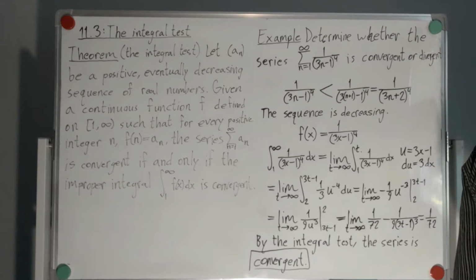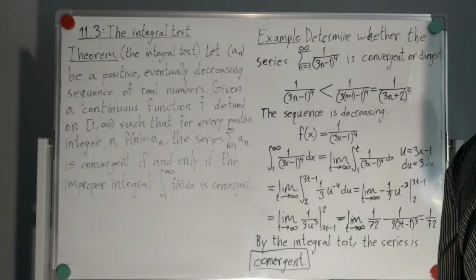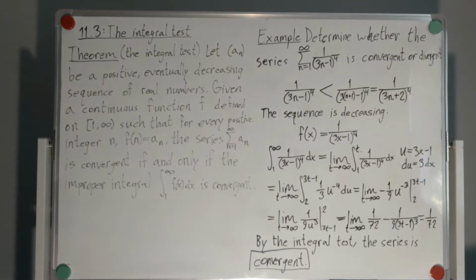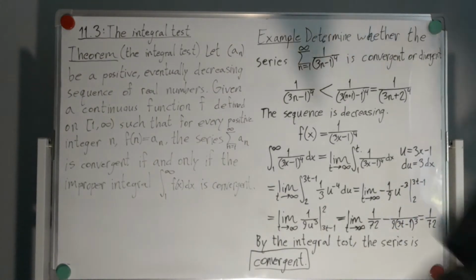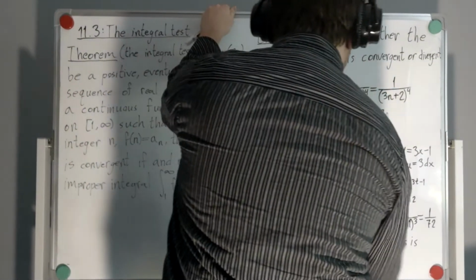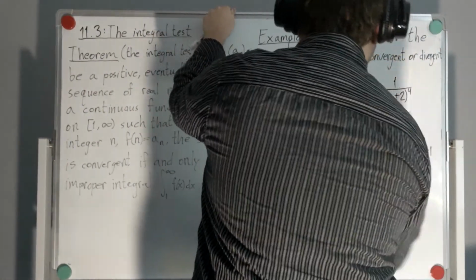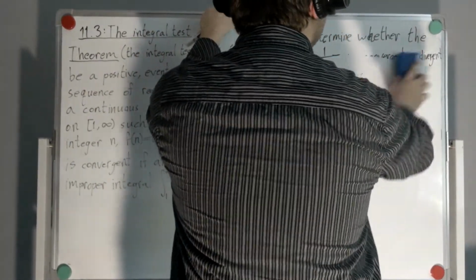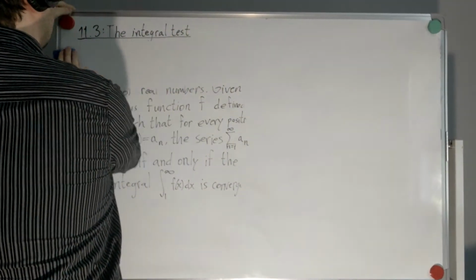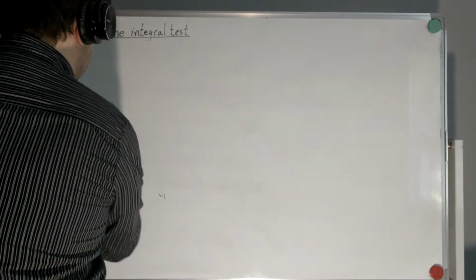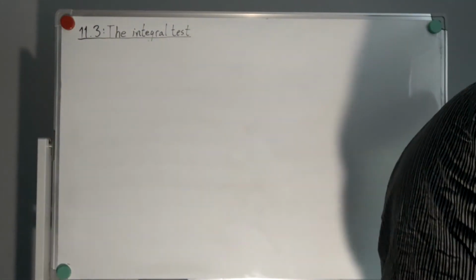Now, here's an important example, for more than one reason, really. We're going to use the integral test to determine a more theoretical question. In my notes I call this an example, so I'll call it example here as well.